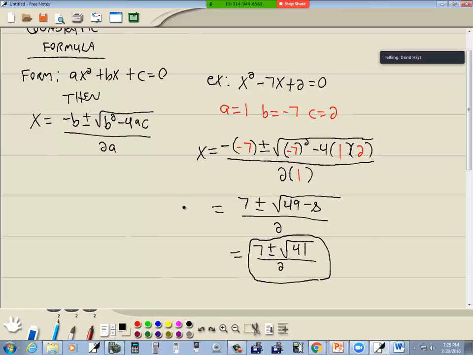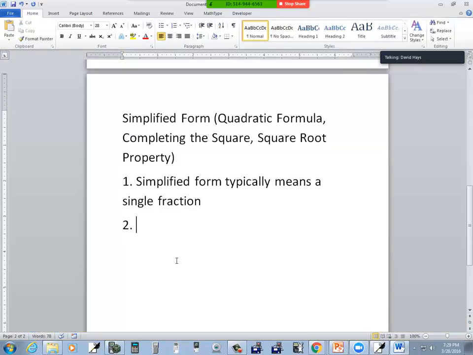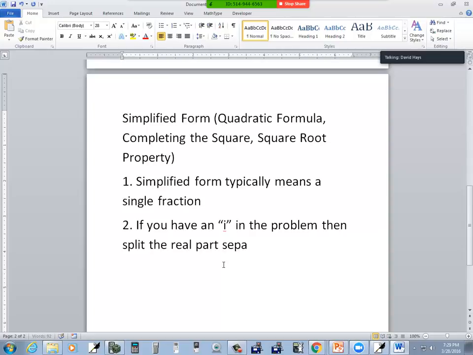If I'm working the quadratic formula, and I've worked the problem down, and we have an i up here. Now remember how you get an i: you have a negative number inside of your square root. That negative comes out of the square root as an i. So if you have an i in the problem, then split the real part separate from the imaginary part.